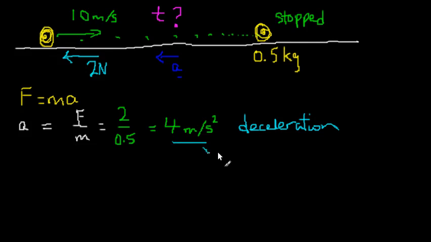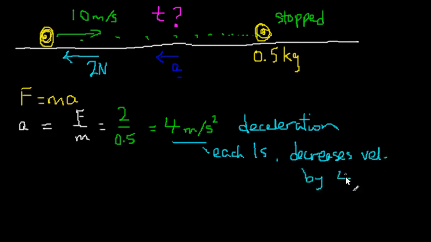What it means is that in each second, the velocity decreases by 4 meters per second. Okay, so that's how you understand this number physically.